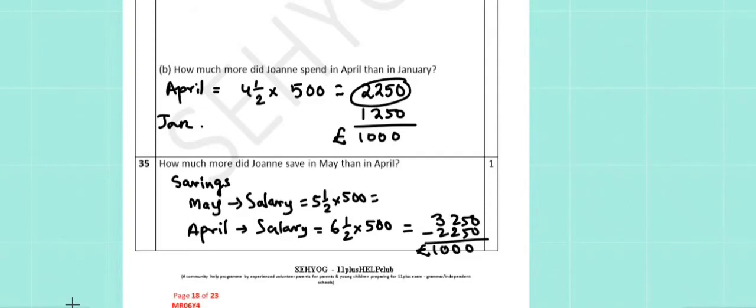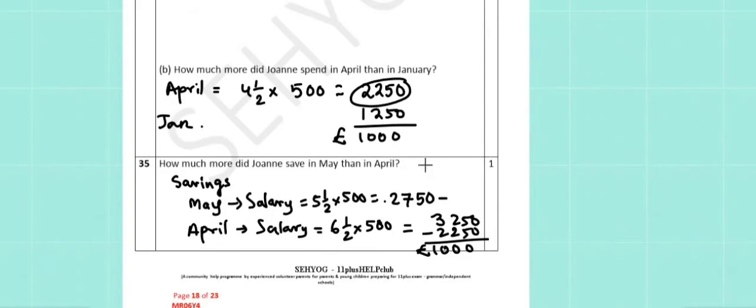savings of April. Now same way, the salary of May, it is 5.5 coins times 500 pounds value, and again in May she spent 1.5 coins. So 1.5 times 500 pounds gives us 750 pounds.